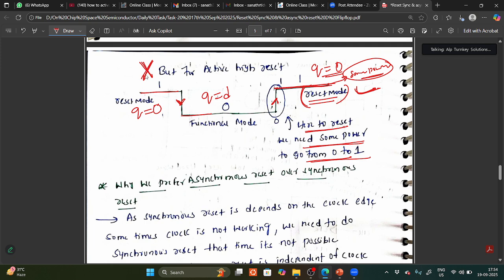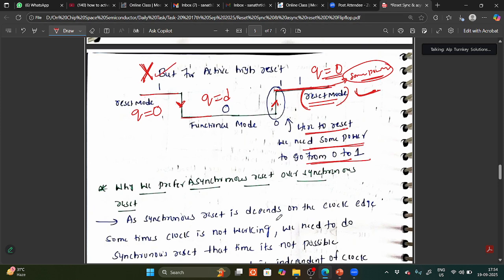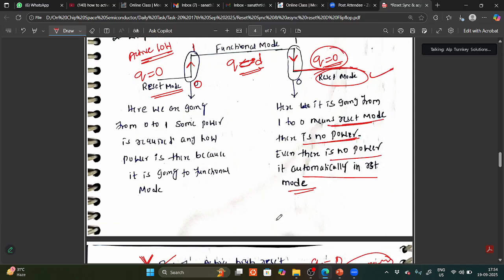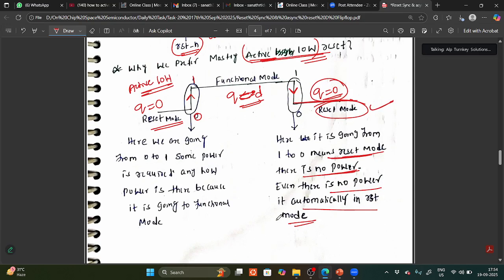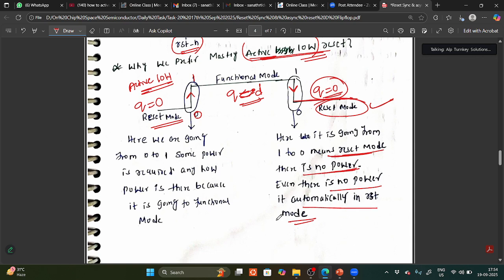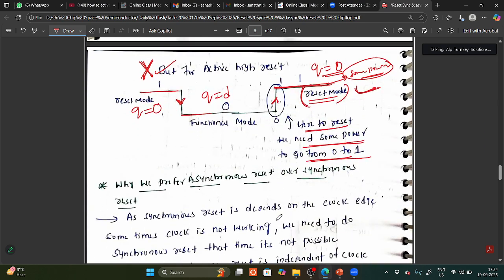We should not take that into consideration in VLSI. So that is about active low reset and active high reset. Remember, we will prefer active low reset only. If no power is there, it will be operated in reset mode only. No need to apply extra power in active low reset, so we are not using active high reset.